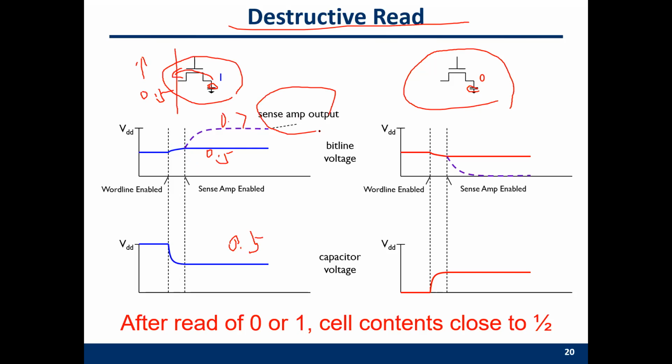In this way, the sense amplifier can sense the data out. I notice that your voltage increased, then I evaluate it as a 1.